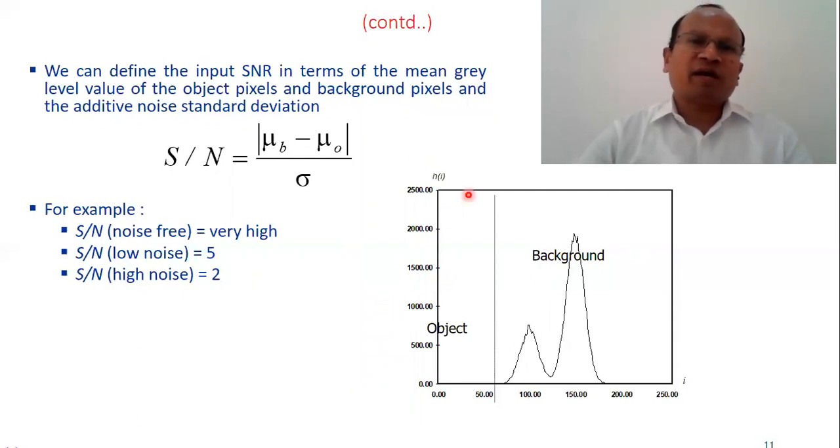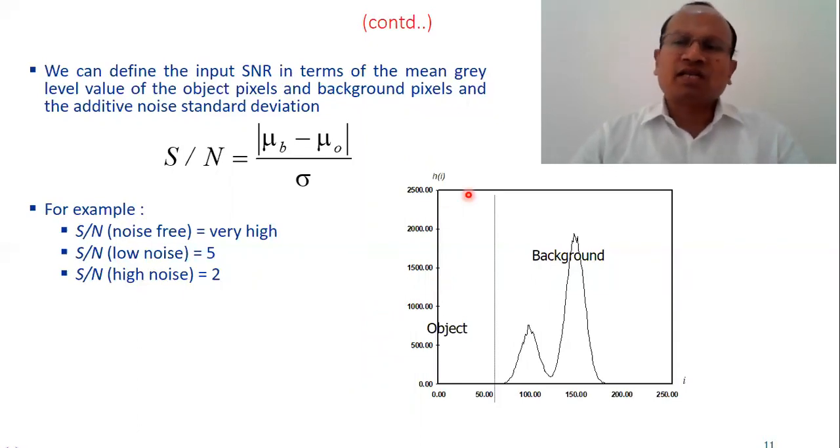SNR is an important parameter that indicates the quality of pixel, the quality of image rather. But how do we calculate? Based on mean gray level values and the standard deviation here. These are the two mean grayscale values of background and object. We can also say background and foreground.